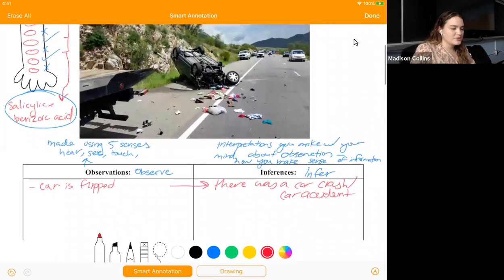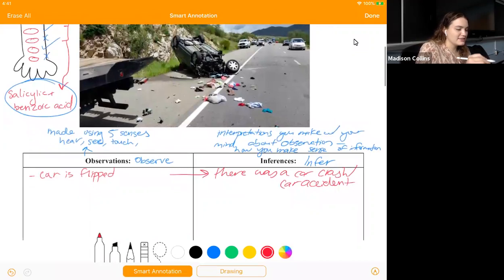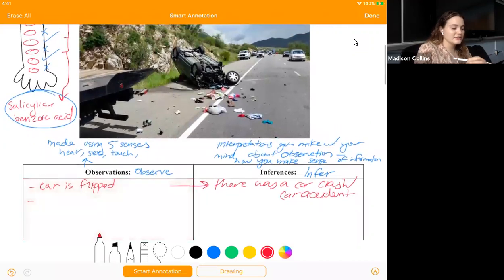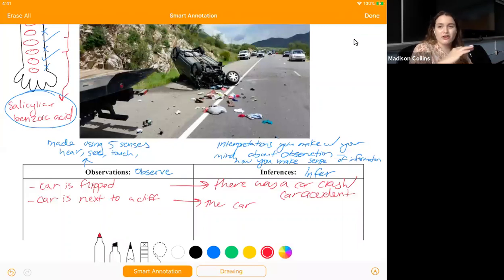All right, another observation. I can see that the car is next to a cliff. So what can I infer based on that? Well, maybe the car fell off of the cliff.